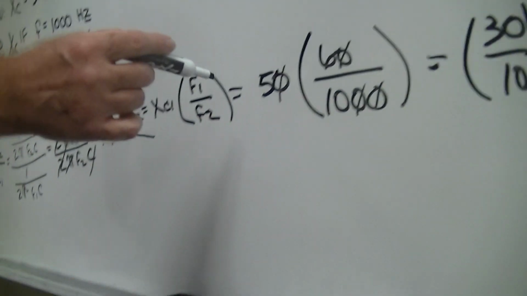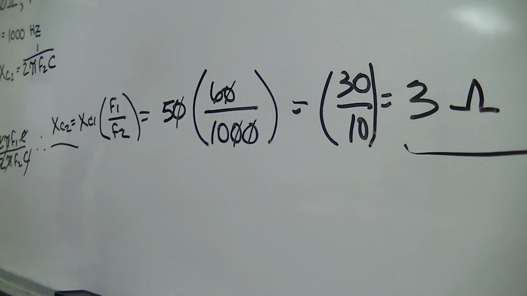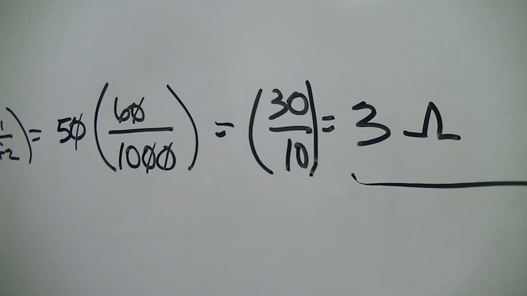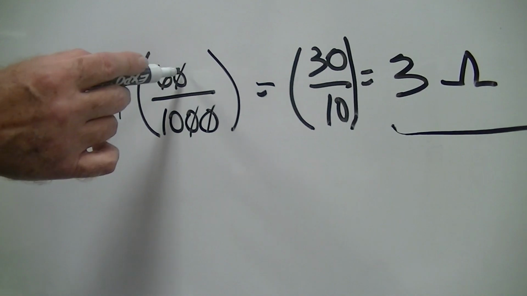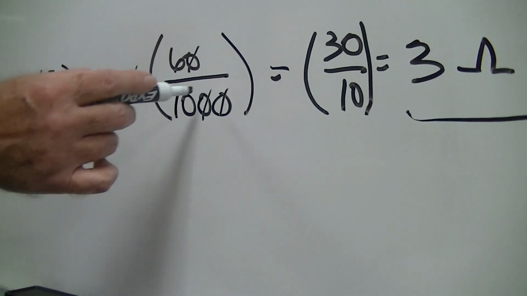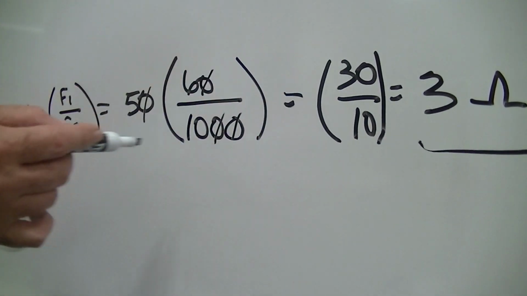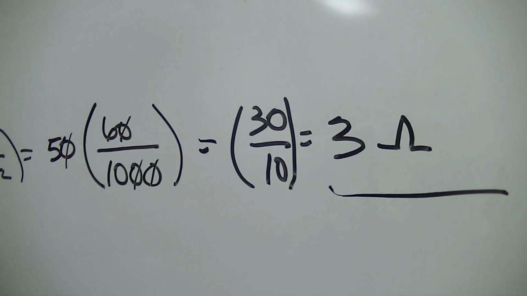So if you plug the numbers in, we have 50, which is your original reactance, and then the ratio of the two frequencies. And we start canceling out zeros, all right? I've got a 0 up top, I cancel that out, cancel 1 down here, and I'm left with 5 times 6 on top, or 30, divided by, on the bottom, 10, or 3 ohms.